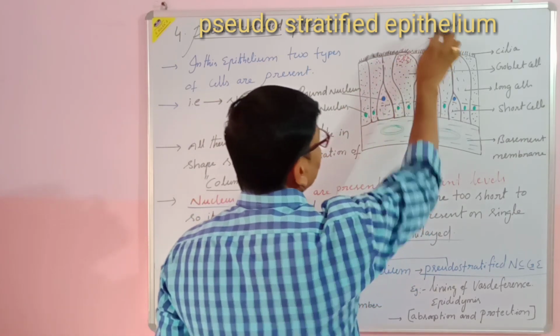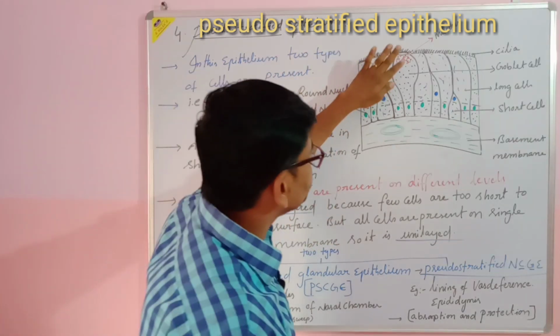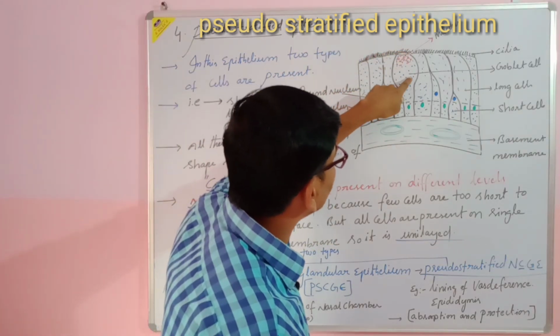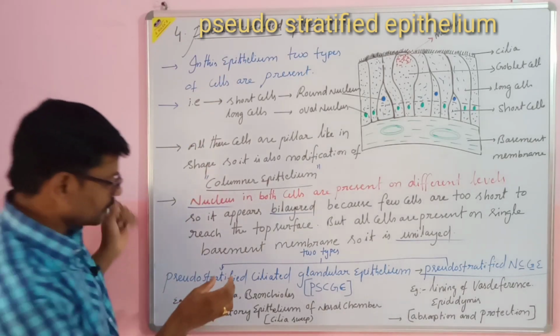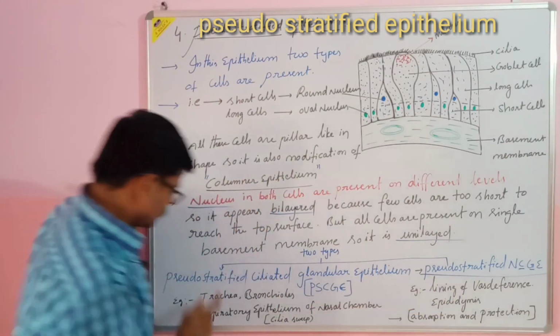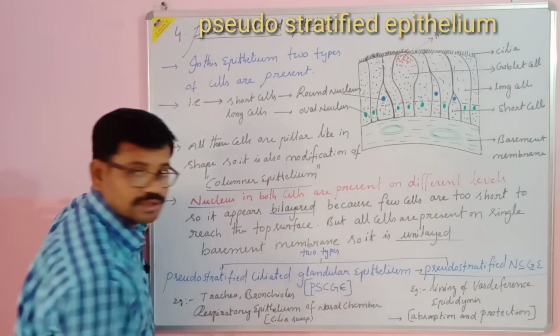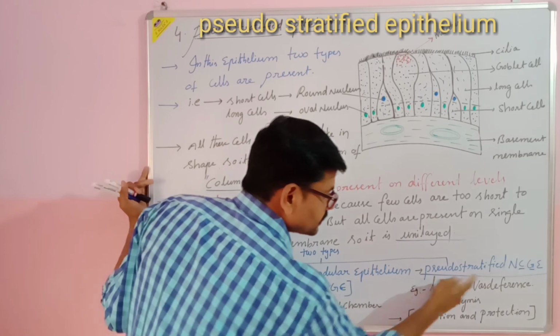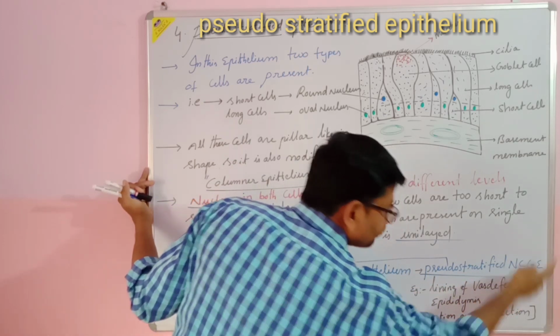These goblet cells secrete mucus, right? So based on the presence or absence of goblet cells and cilia, pseudostratified epithelium can be divided into two types. One is pseudostratified ciliated glandular epithelium. The second one is pseudostratified non-ciliated non-glandular epithelium, right?